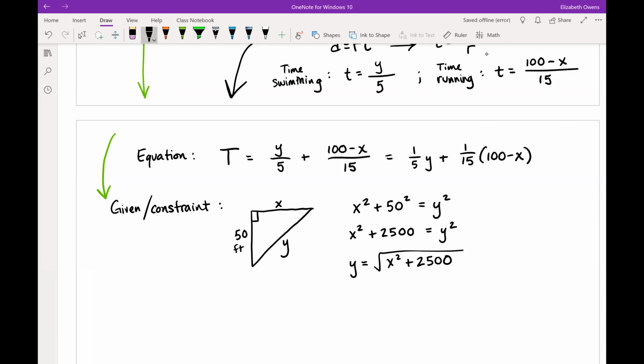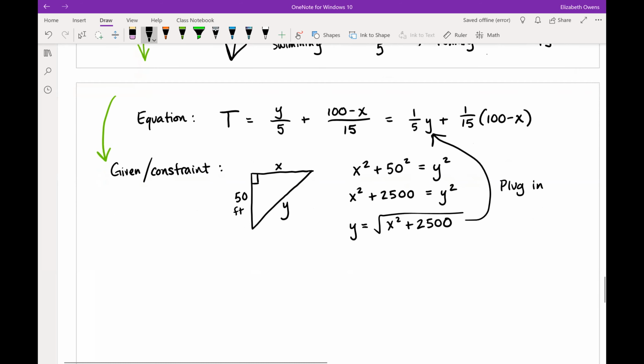So we're going to take this expression for y and plug it back in to our time equation. That means that t is going to equal 1/5 of y, which we just found was the square root of x squared plus 2,500, and then plus 1/15 times 100 minus x.